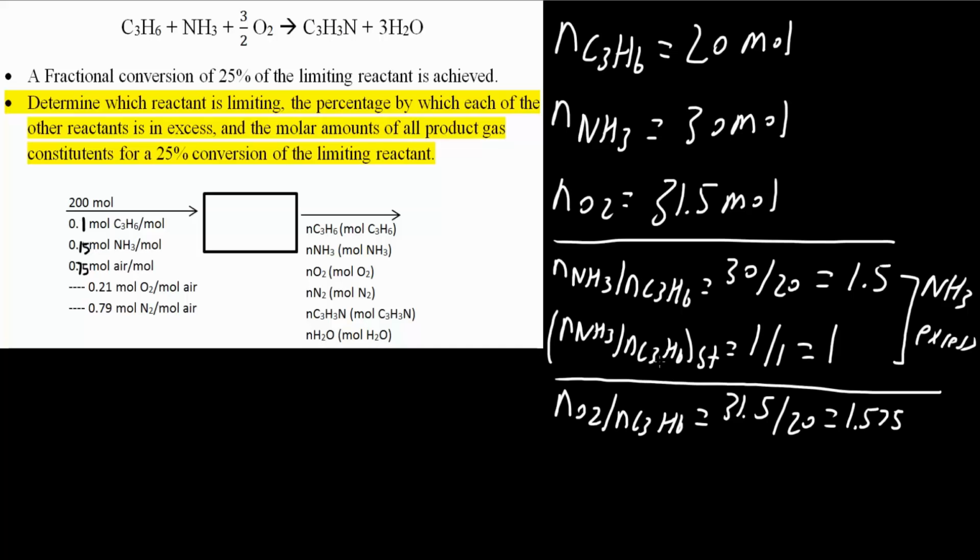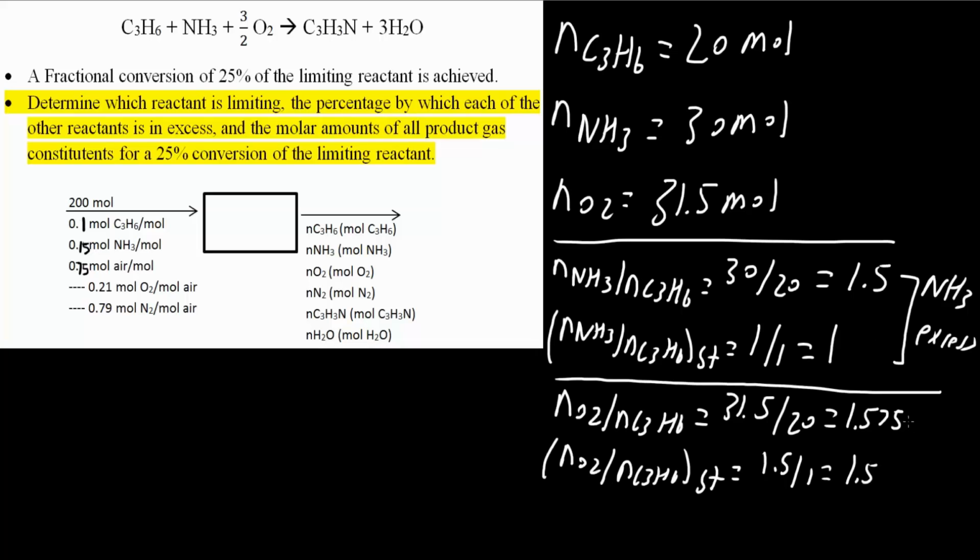Then we do the same thing with the stoichiometric ratio: N oxygen divided by N C3H6 stoichiometric. Oxygen is 1.5, or 3/2, and this is still 1, so 1.5 divided by 1 gives us 1.5.